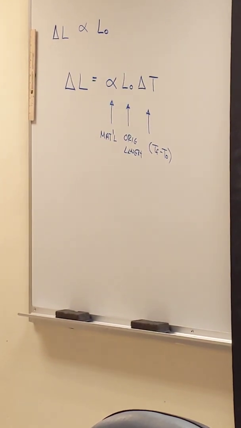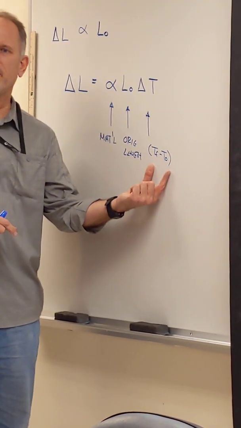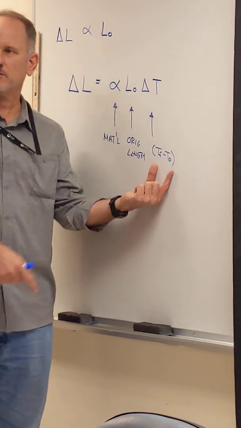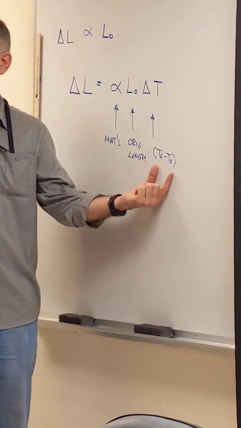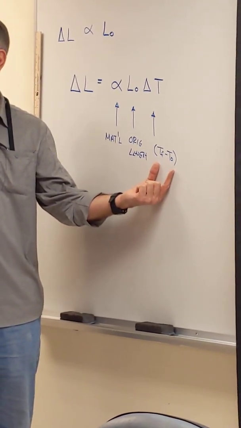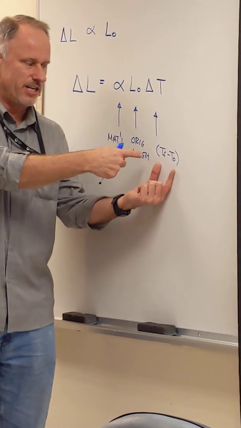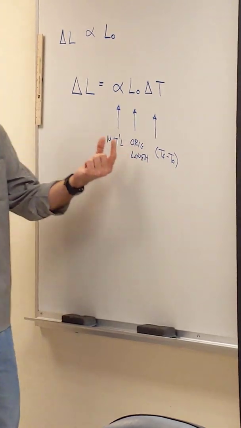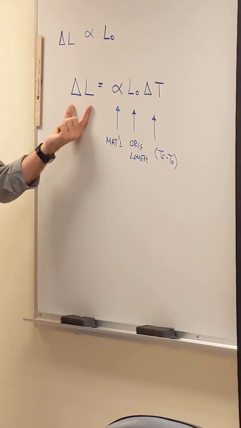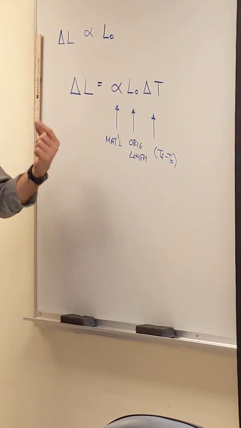So think about this. If I heat up my object, the final temperature will be larger than the original, so delta T will be positive, good. And if I cool it down, this change will be negative, and I can expect delta L to be negative. It would shrink. Yes, Devin?